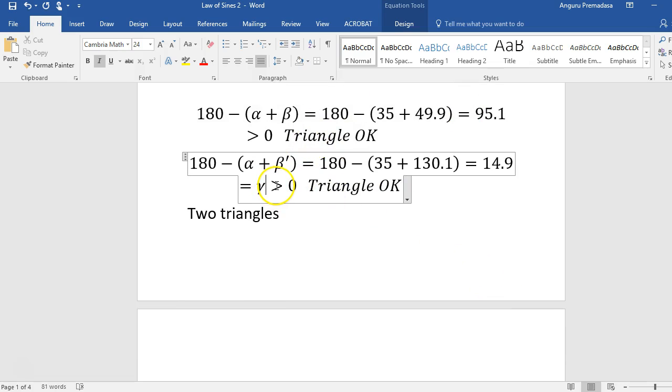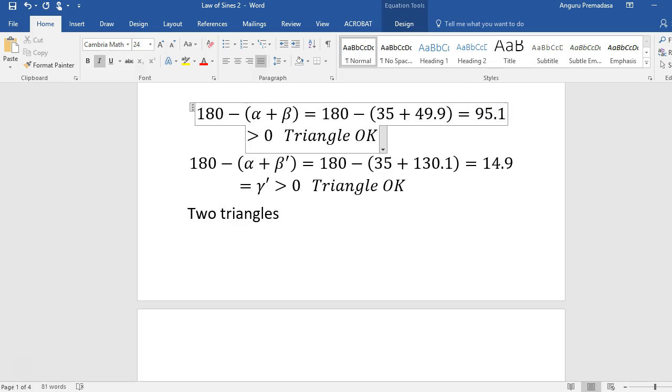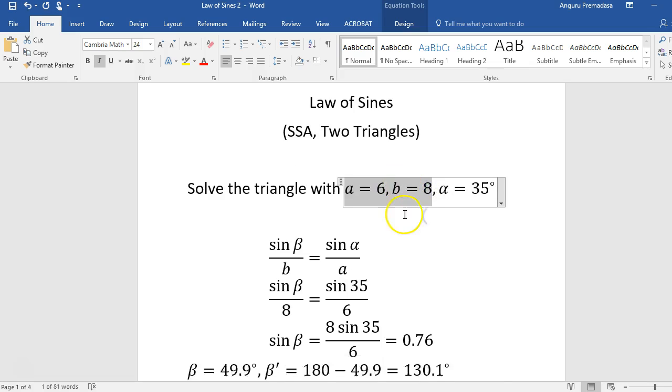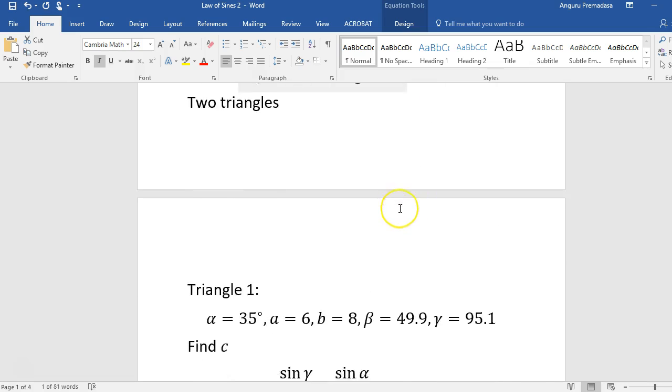So we know the alphas, the betas and the gammas for both triangles, and we also know a and b. So what's the only unknown? The unknown is c. So we need to find c.